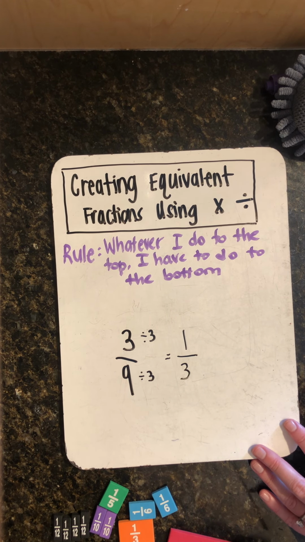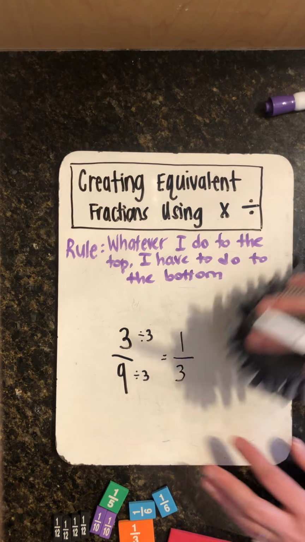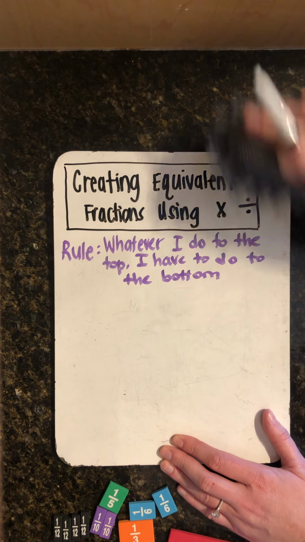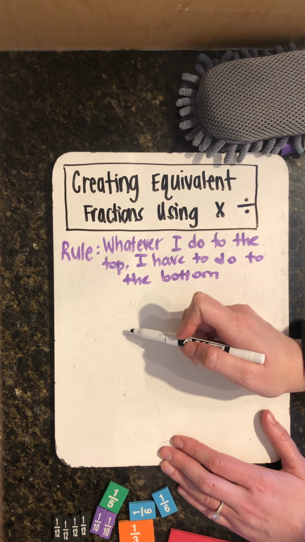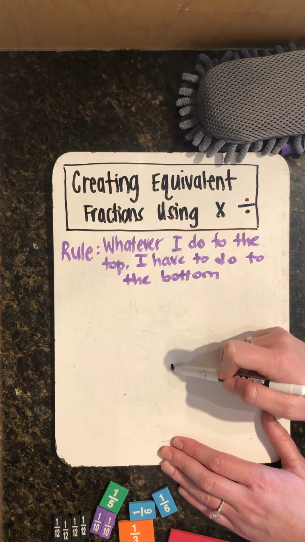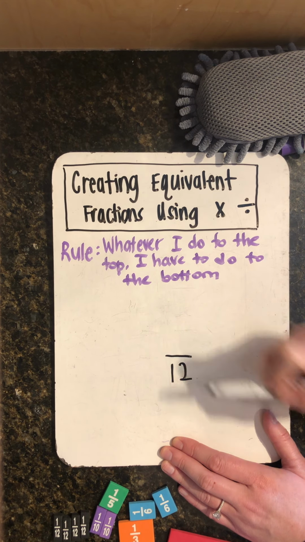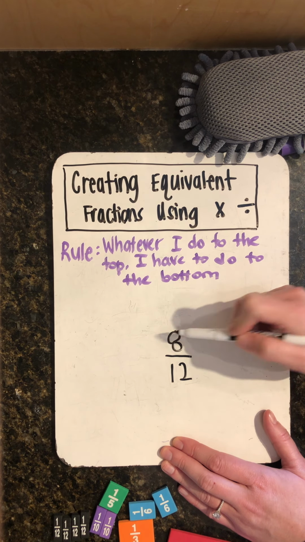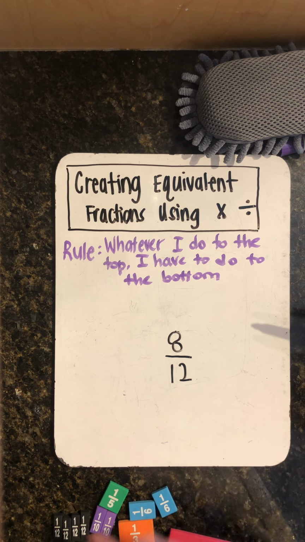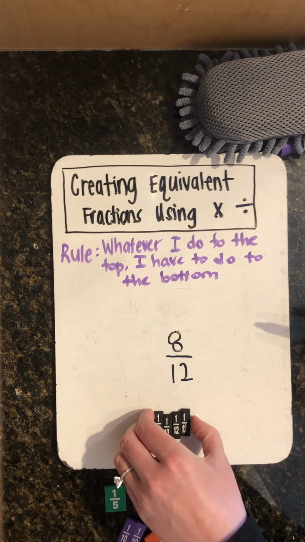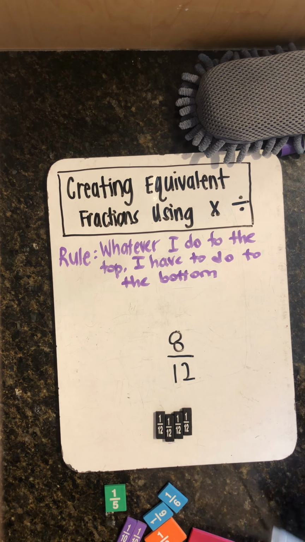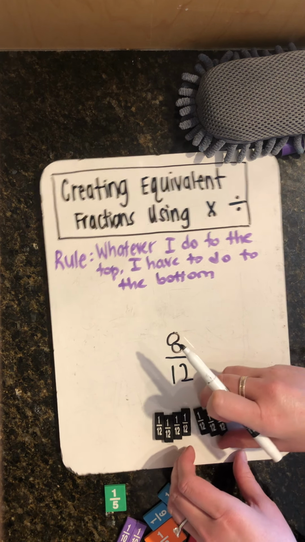All right, last but not least, let's do one more. Where let's do some 12ths, okay? I want you to look at this number, 8/12, and we do have 12ths. If you want to pull out your 12ths, you can. This one I want you to try by yourself, all right?